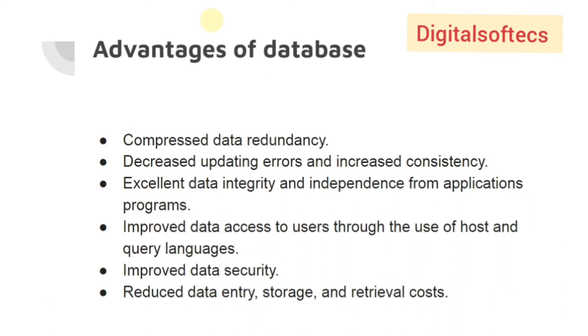Improved data security, because the DBMS also secures the stored data. It checks all the parameters and constraints about the data. Reduced data entry, storage and retrieval costs. In a file processing system we use a lot of disks and tapes to store data for separate people in the organization.